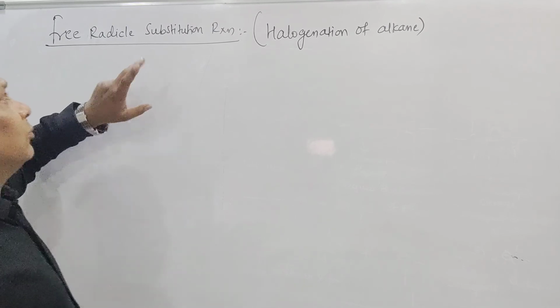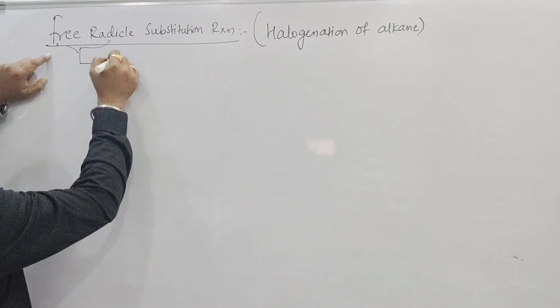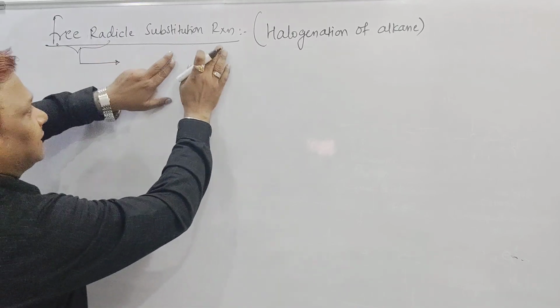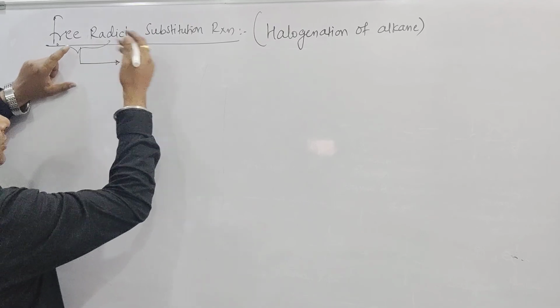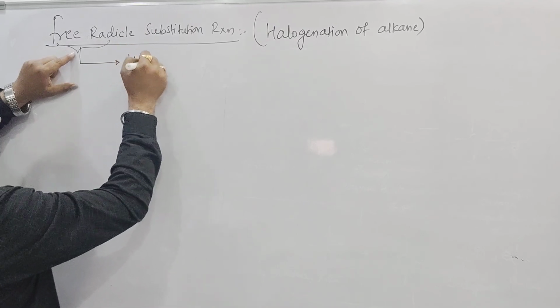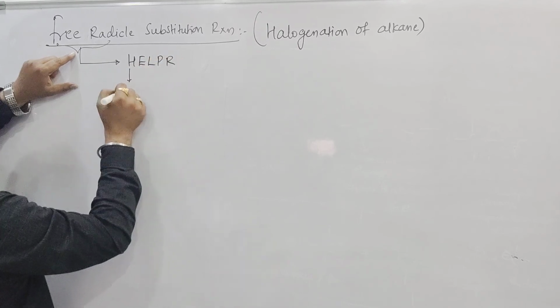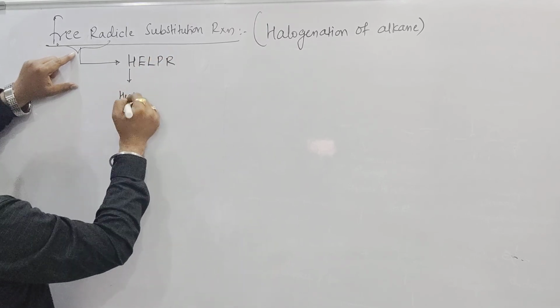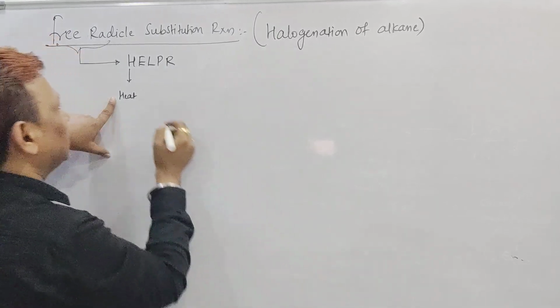Right, beta? One more important point I will tell you. Free radical is formed means how to identify whether this reaction is FR or not. This formation of free radical takes place in the presence of HELPR. Sir, H stands for heat. Heat means temperature should be greater than 650 degrees centigrade.